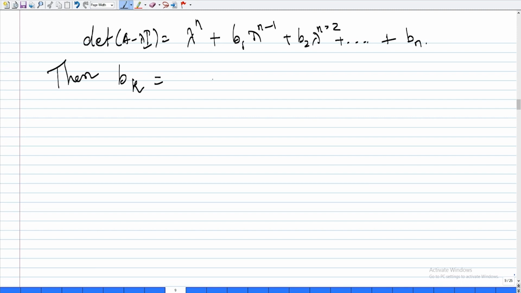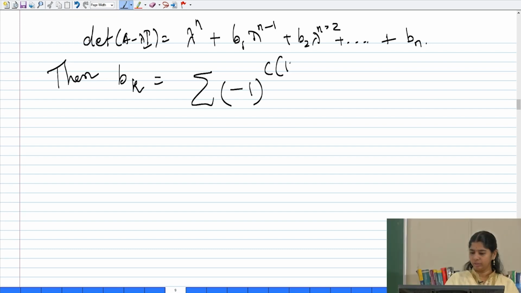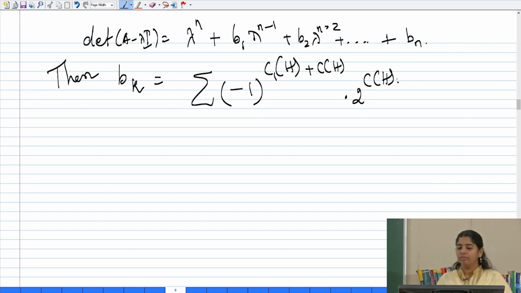Then bk is nothing but minus 1 to the power of c1 of h plus c of h into 2 power c of h, where my h is nothing but all elementary subgraphs of order k, right.